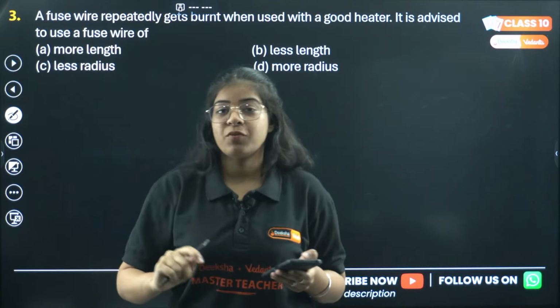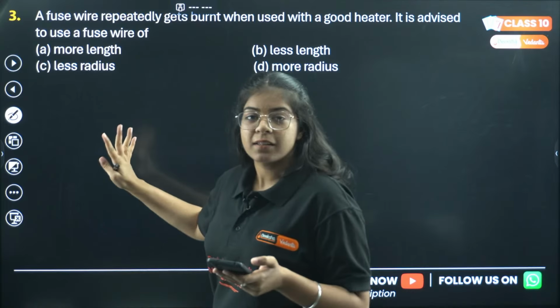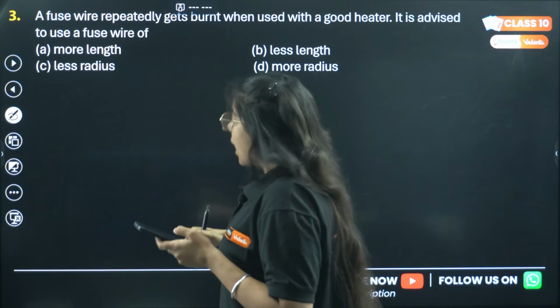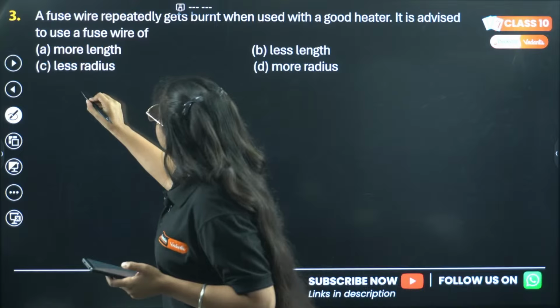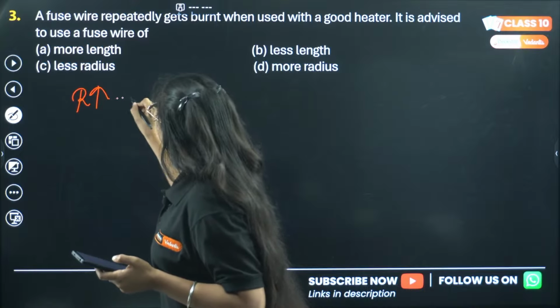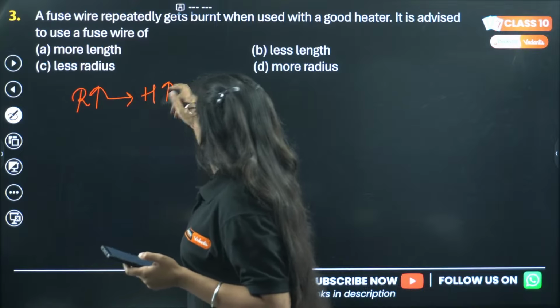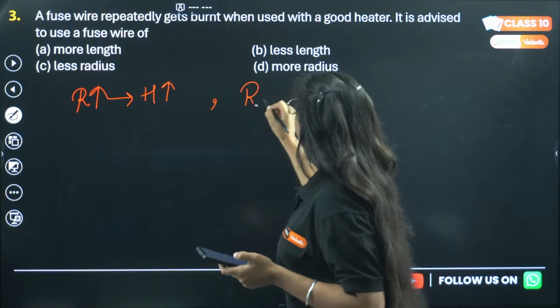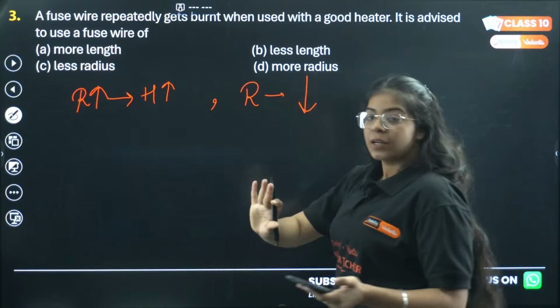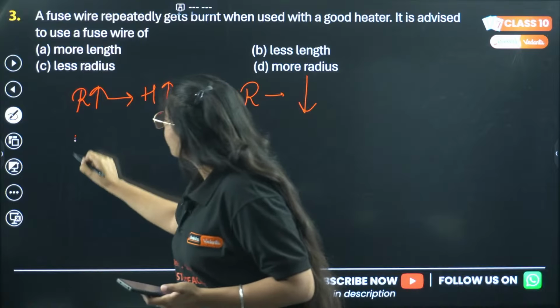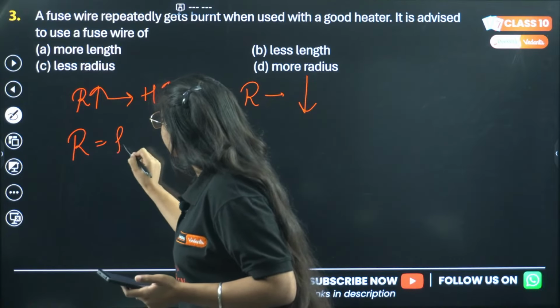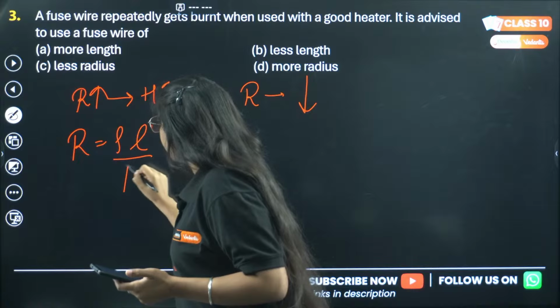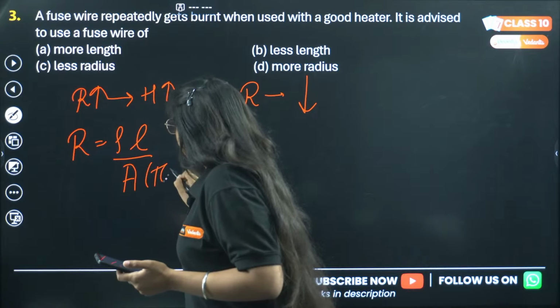But I have a question for you guys. Let me just write the equation and I'll ask the question. What did we say? If resistance is more, then heating is more. So we want resistance to be less. Is that correct? Now the formula for resistance is resistivity into length divided by area, and area is pi r square.